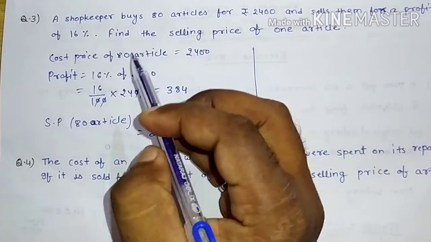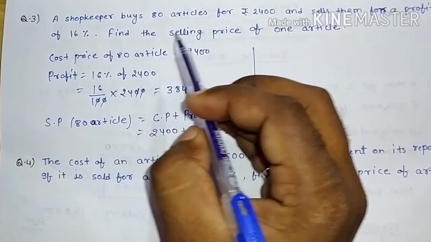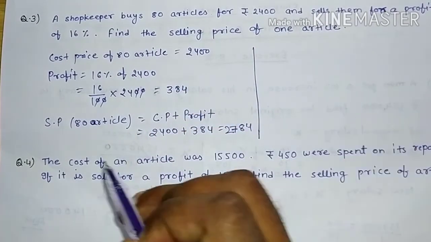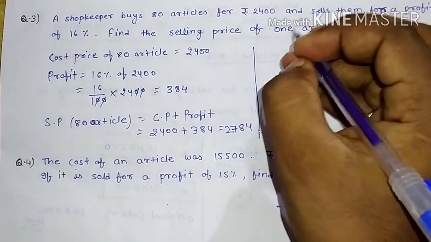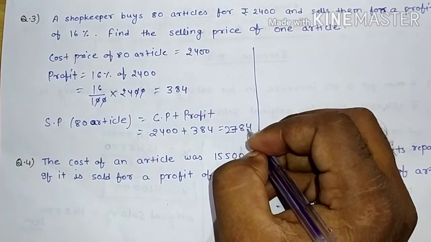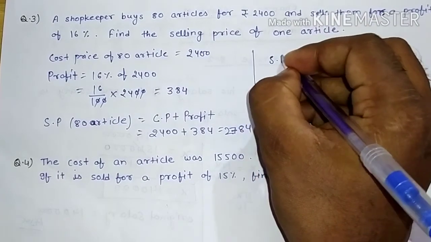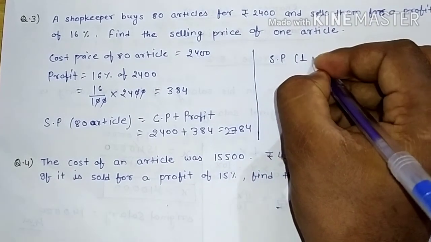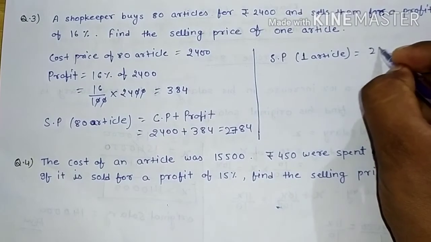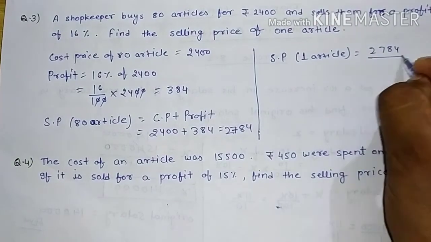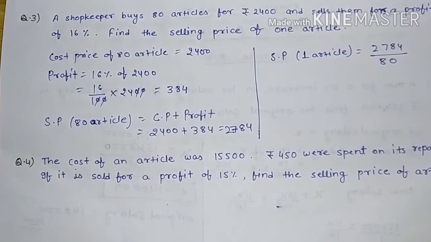Now what do we have to find? We have to find the selling price of one article. So the selling price of 80 articles is 2784. So the SP of one article is equal to 2784 divided by 80, simply.